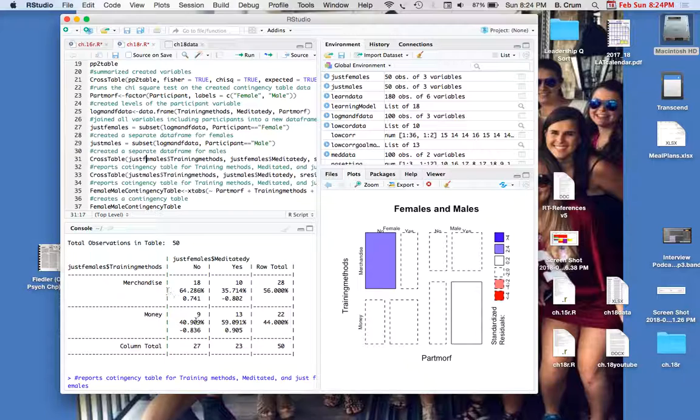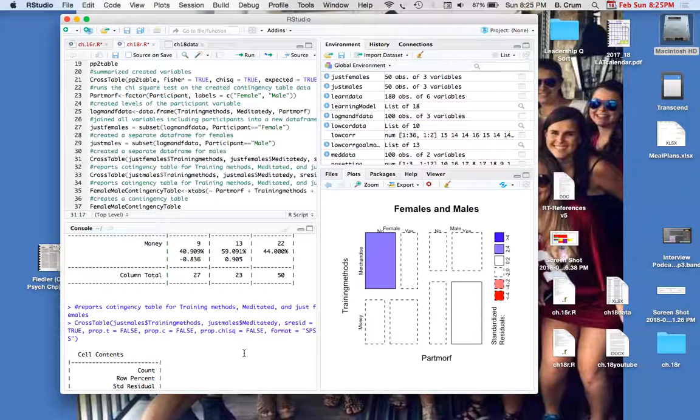There were 50 females total right here. 27 were not able to meditate at the end, 23 were. And there were 28 given merchandise and 22 were given money. We could also report these totals as percentages. So we'll go down here.